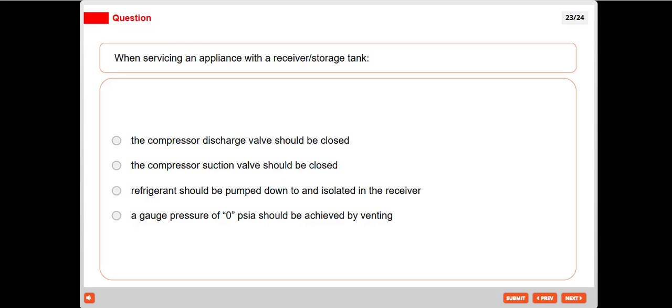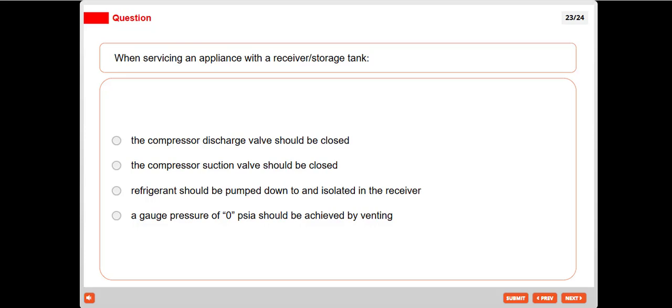When servicing an appliance with a receiver storage tank, the compressor discharge valve should be closed, the compressor suction valve should be closed, refrigerant should be pumped down to be isolated in the receiver, gauge pressure of 0 psia should be achieved when servicing an appliance with a receiver or storage tank.